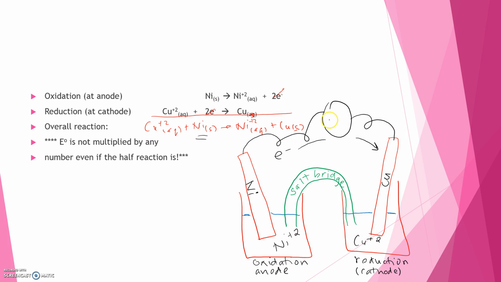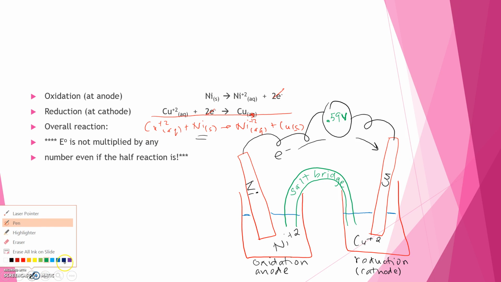We know that the overall voltage of our cell was 0.59 volts, so I would read that on my voltmeter. So if I set this up with a piece of nickel and a piece of copper and the two ions, and the electrons flowed, if I put a voltmeter there, I would read the 0.59 volts. Okay.